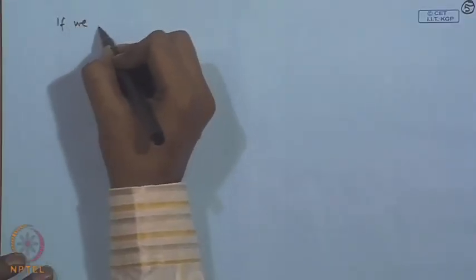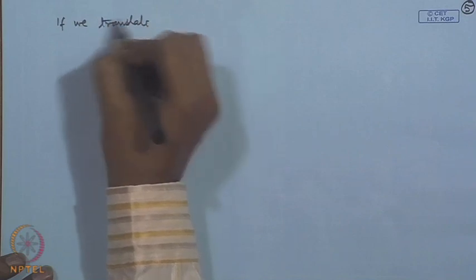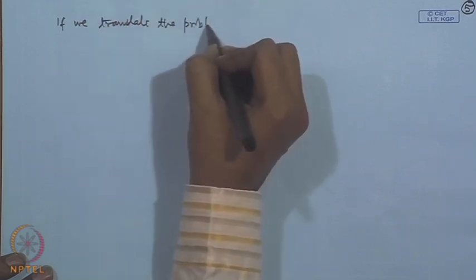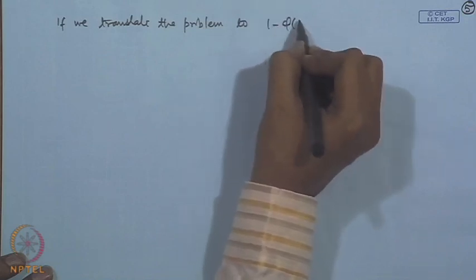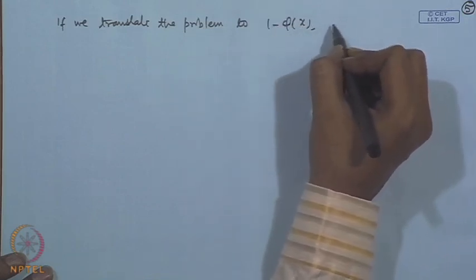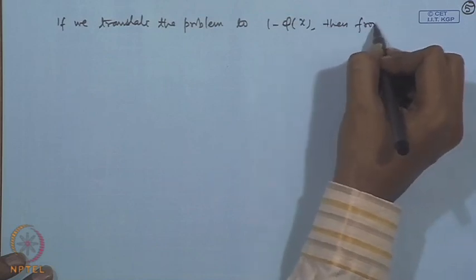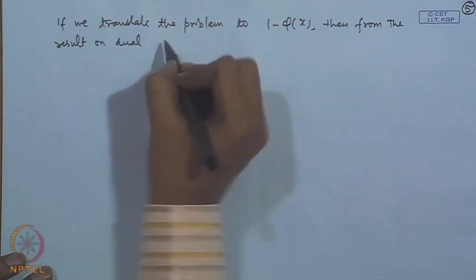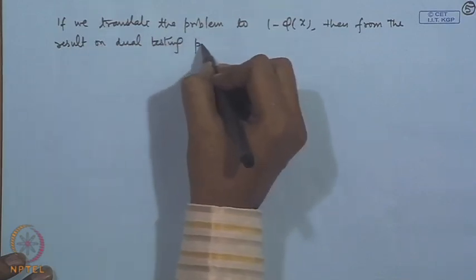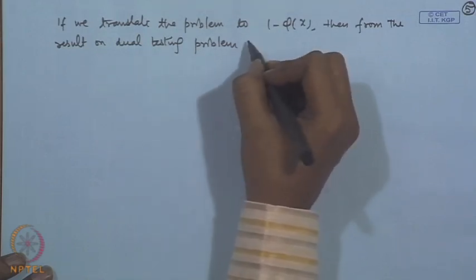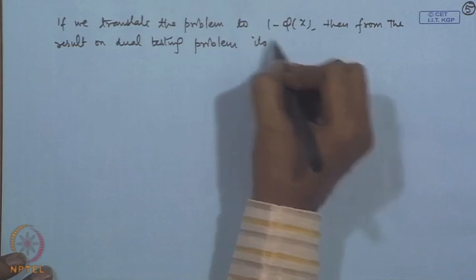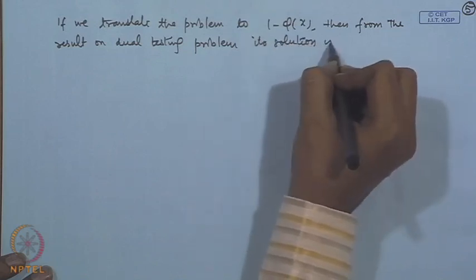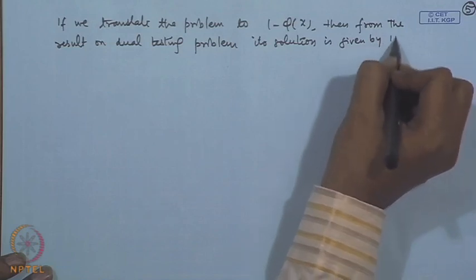Now, if we translate the problem to 1 minus phi x function, then from the result on dual testing problem, its solution is given by 1 and 2.